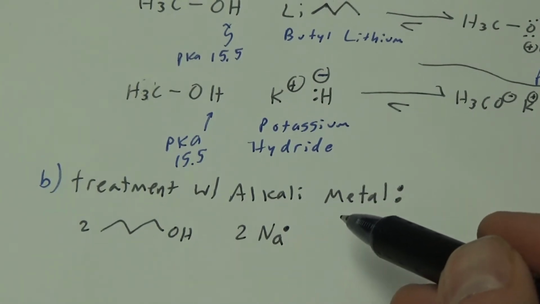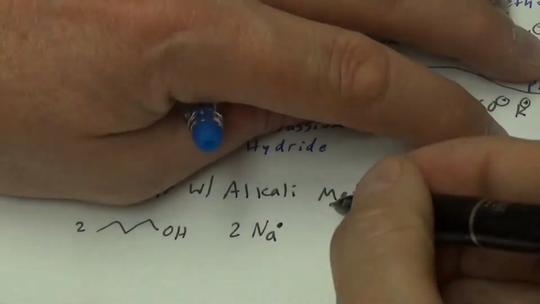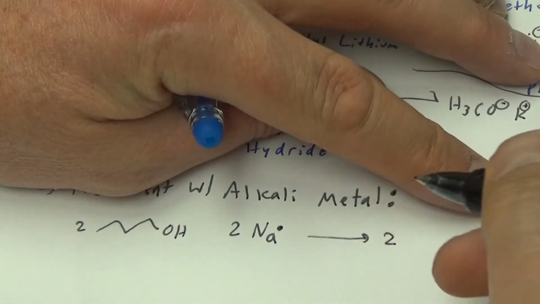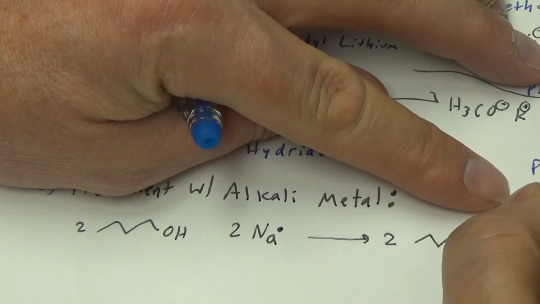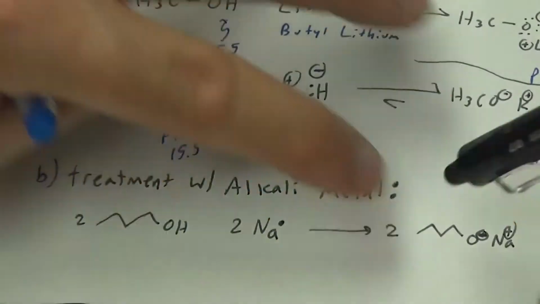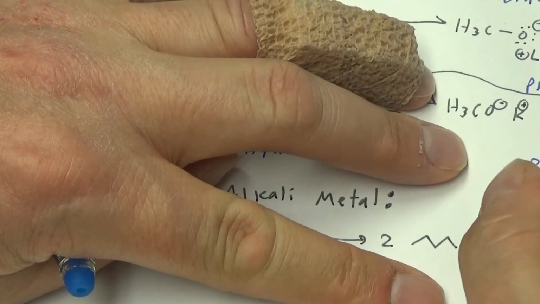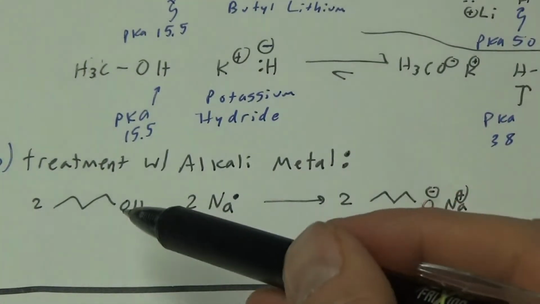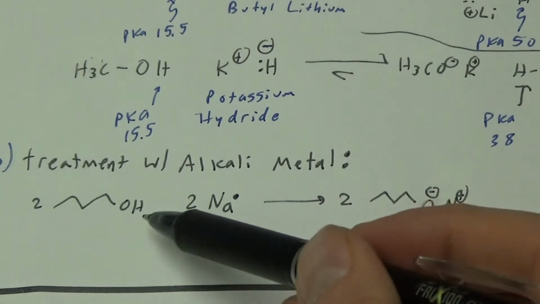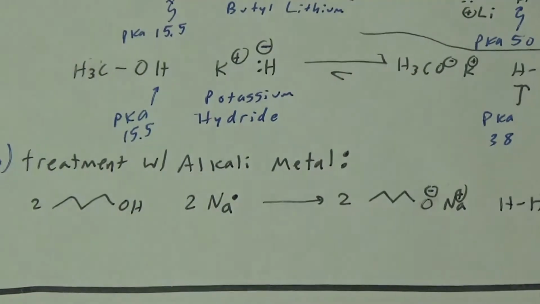So when 2 alcohols react with 2 sodiums, you get 2 alkoxides, O minus, Na plus. And where do the H's go? There are 2 of the molecules, so it's H2. So it forms hydrogen gas.